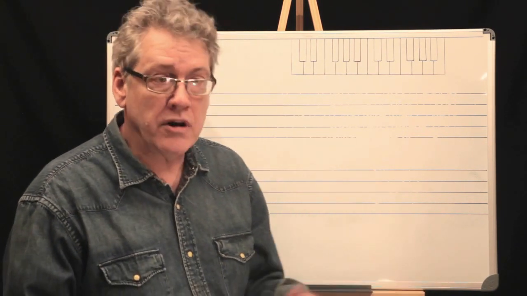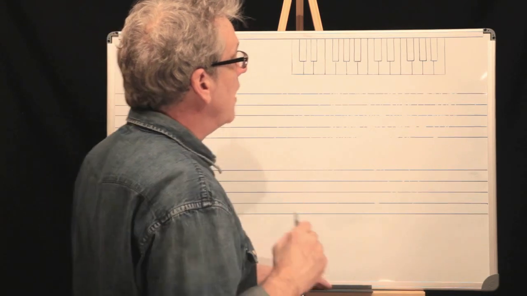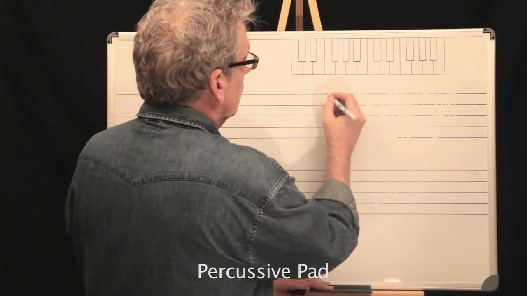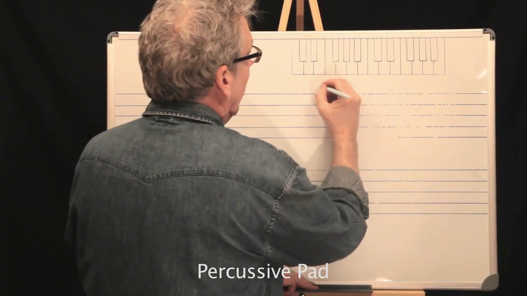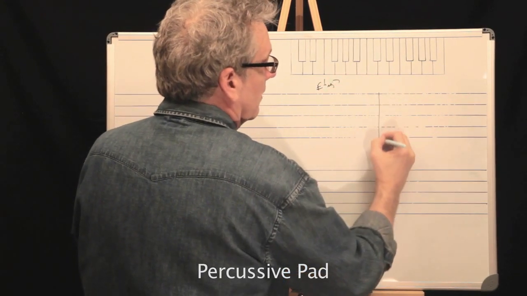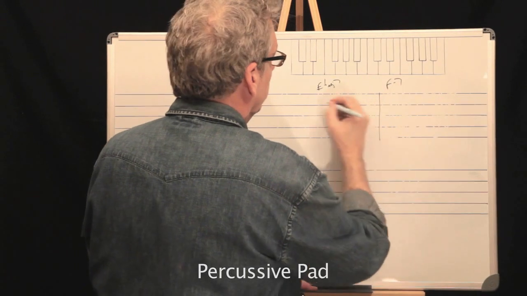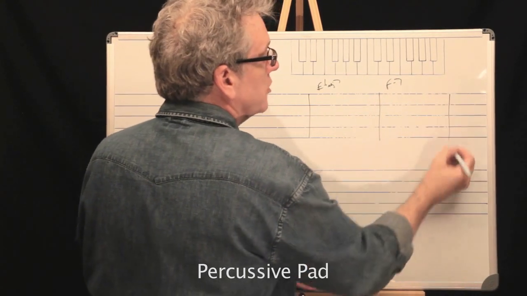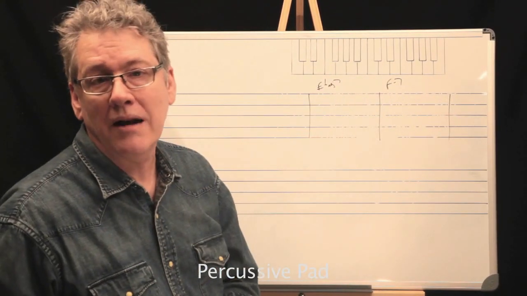Now another thing is a percussive pad. So let's go back to our E flat to our F minor chord. Before, I just played whole notes for the pad.